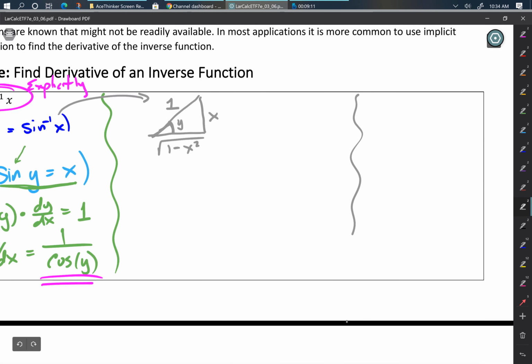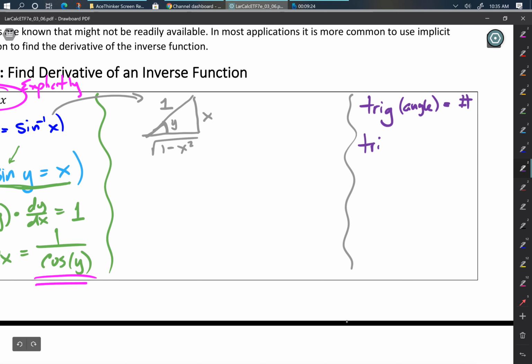So just as a reminder over here on the side: trig of angle equals number, or arc trig of number equals angle.